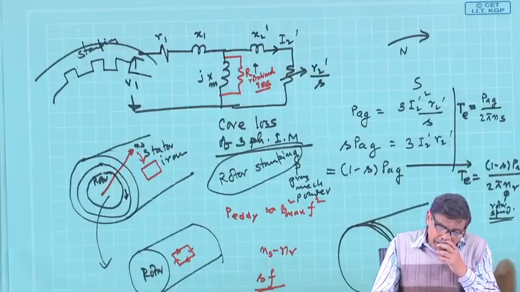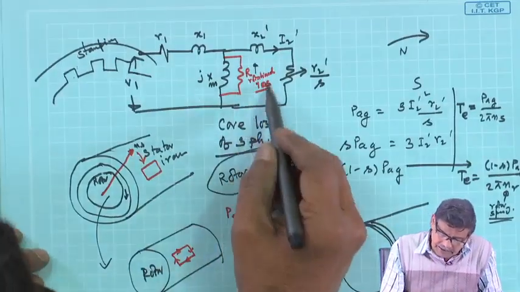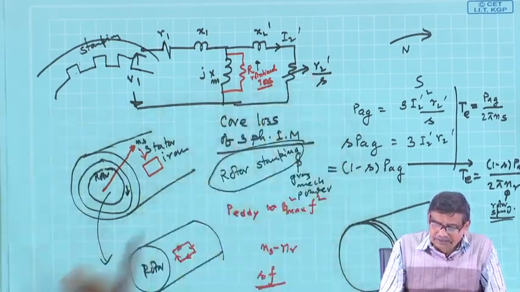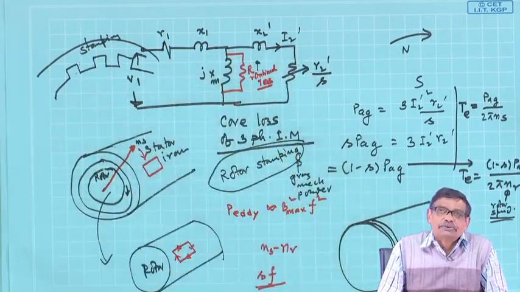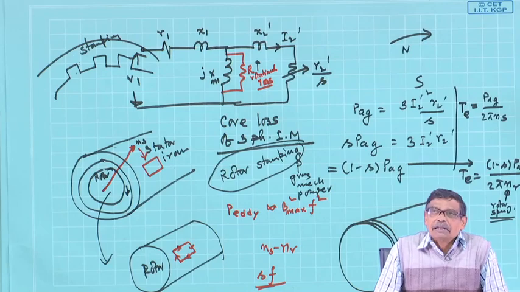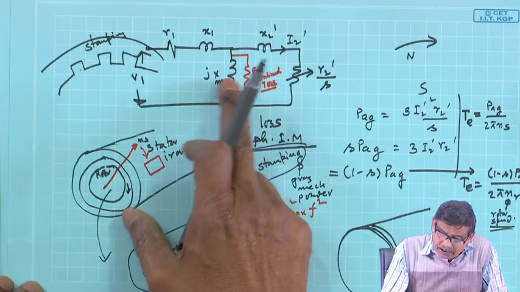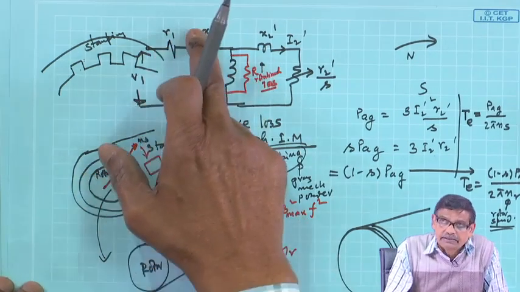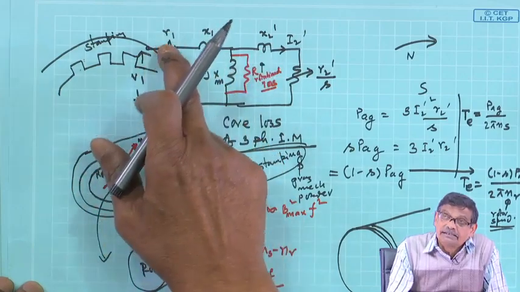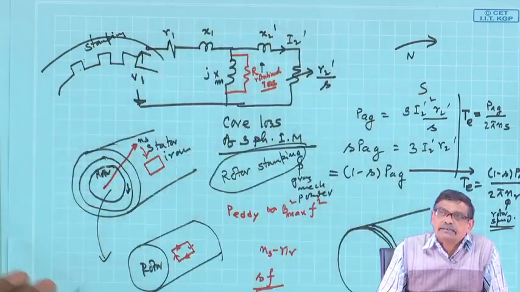Only thing is, people generally this rotational loss resistance, if you also show you that R Thevenin and X Thevenin, these values are much larger than R1 X1 no doubt, but those R Thevenin X Thevenin will get changed.